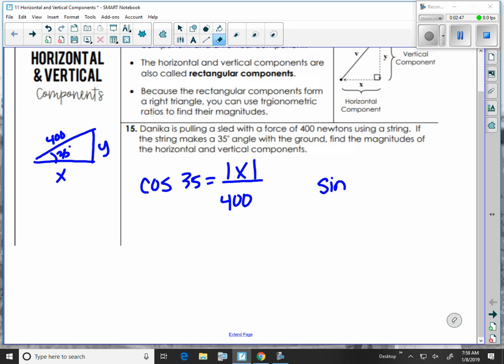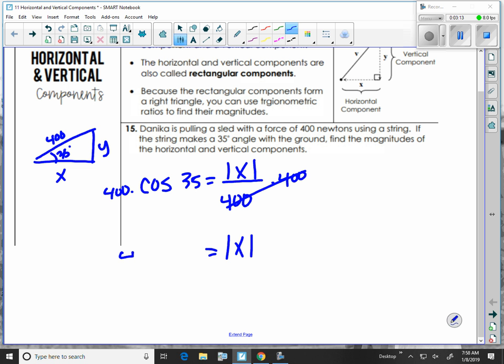So to solve for x, do we have an idea on how we would solve for x here? Get x by itself. Yeah, get that 400 on the other side. So since it's being divided, we're going to multiply both sides by 400. So we're left with 400 cosine of 35.